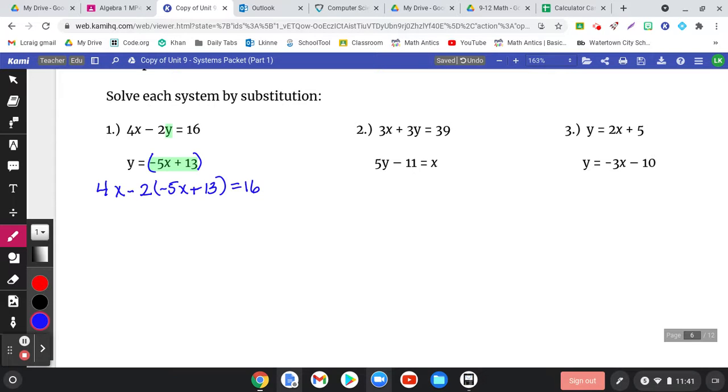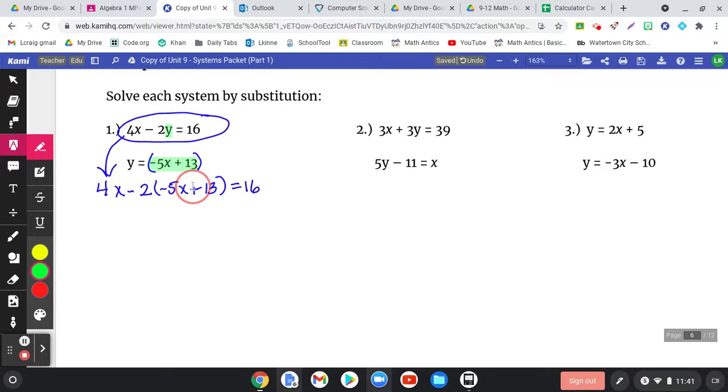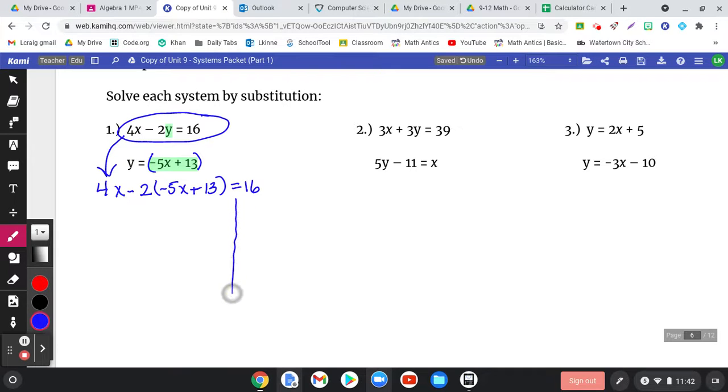All we did there is take this top equation, but instead of writing 2 times y, I wrote 2 times negative 5x plus 13 because that's what it's equal to. Now what you've done is you've made it so there's only one variable, and we can easily solve that. Going back to unit 1.